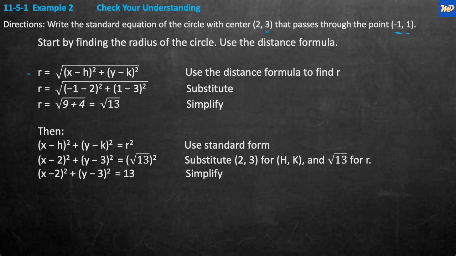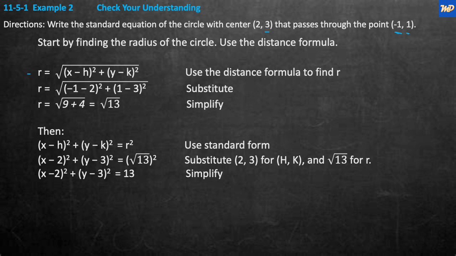So now we take our same numbers and plug them into the standard form for the circle, which is x minus h squared plus y minus k squared equals r squared. For x and y, we just put in x and y because we're not using the circle point anymore. We're just using the center and the radius.